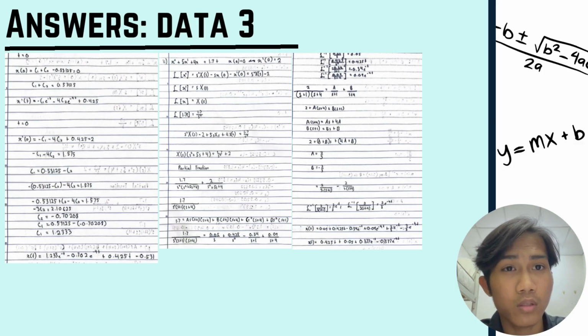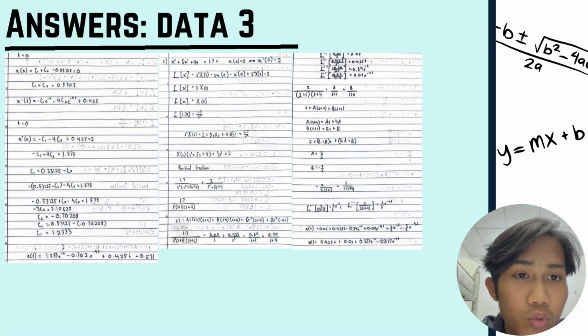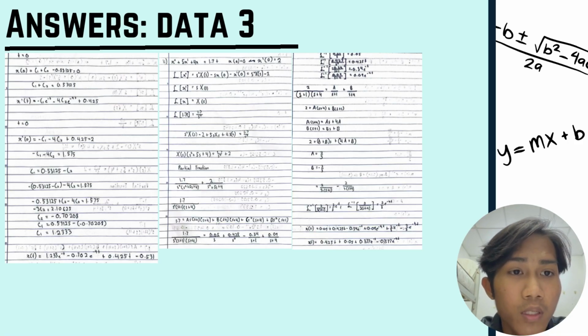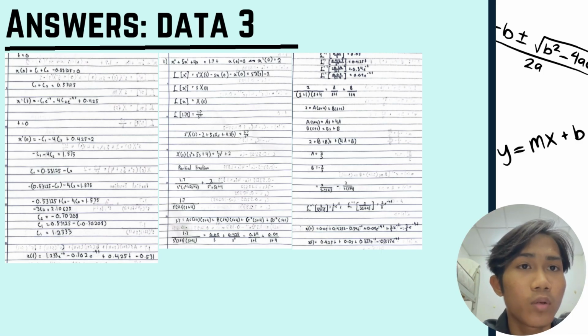To substitute the value into formula x prime 0, we got c1 is equal to 1.2333, and for the undetermined coefficient, lastly we got xt is equal to 1.2333 exponent negative t minus 0.702 exponent negative 4t plus 0.425t minus 0.531. We need to calculate the Laplace transform for data 3.